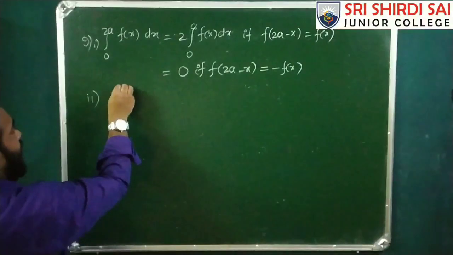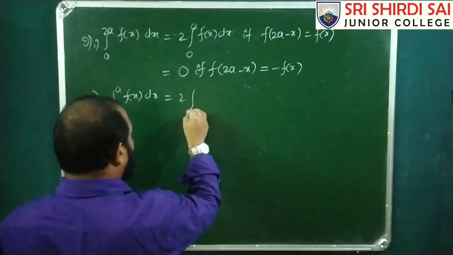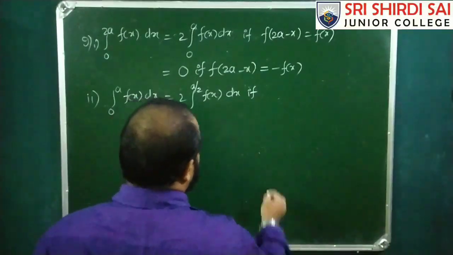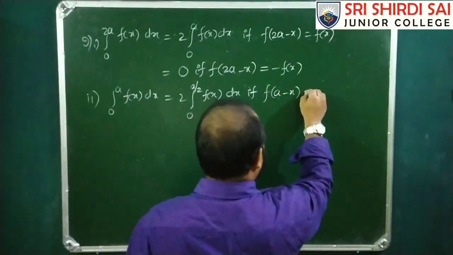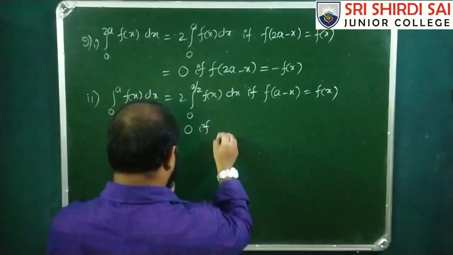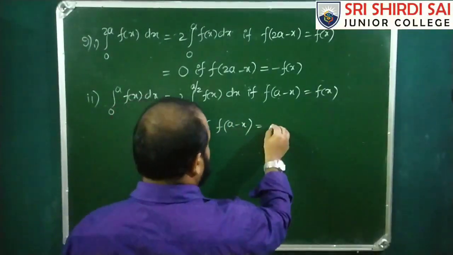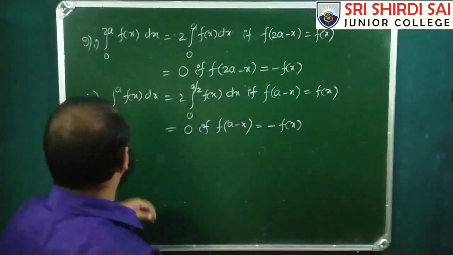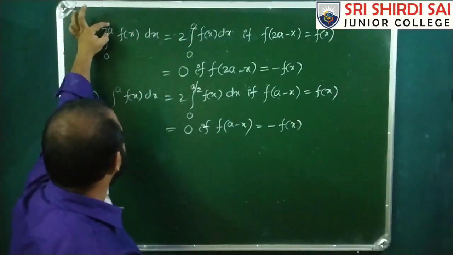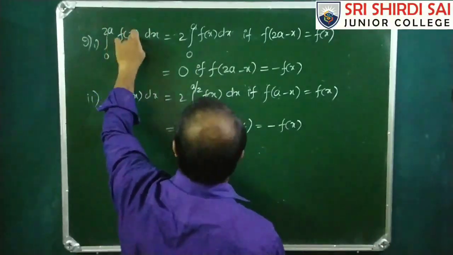Integral 0 to a f of x dx is equals to 2 integral 0 to a by 2 f of x dx if f of a minus x is equals to f of x, and this is equals to 0 if f of a minus x is equals to minus f of x, because here 0 to 2a, 2 will come forward and half of this 2a is a when f of upper limit minus x is equals to f of x.